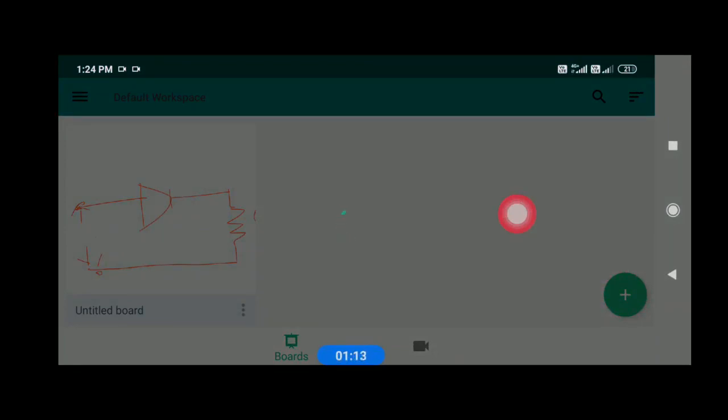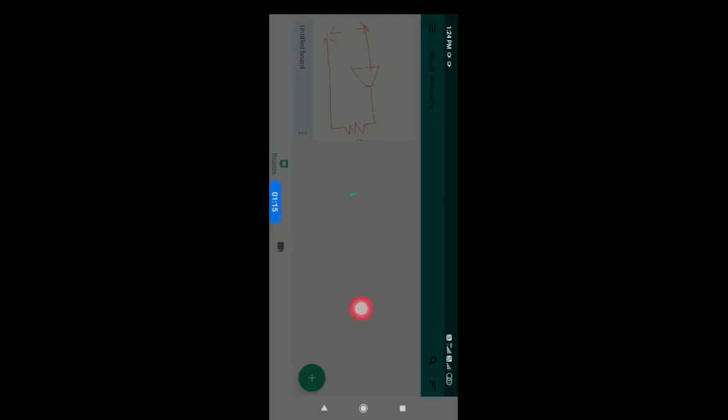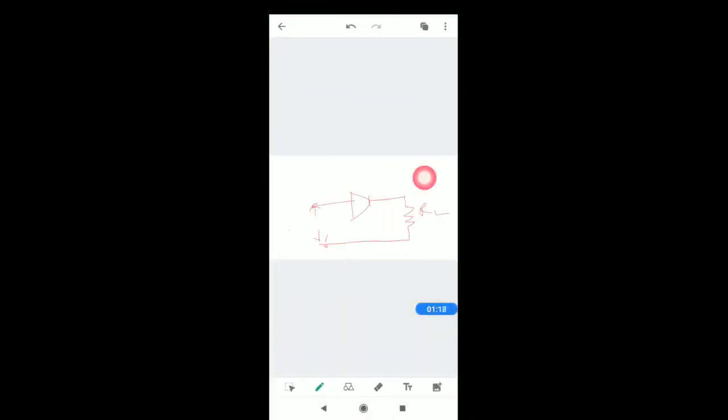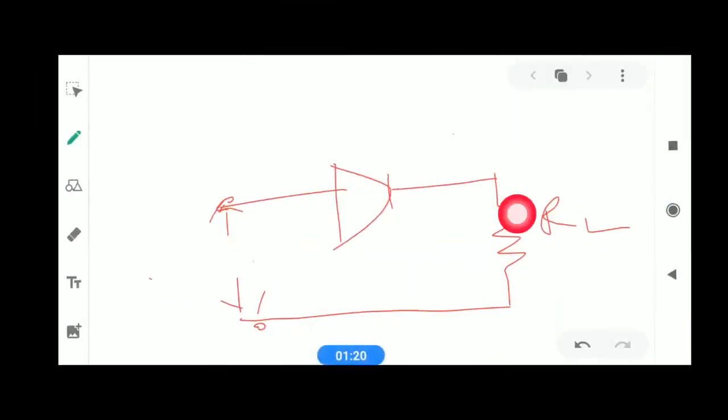So here you can see we have a diode connected as a half wave rectifier.